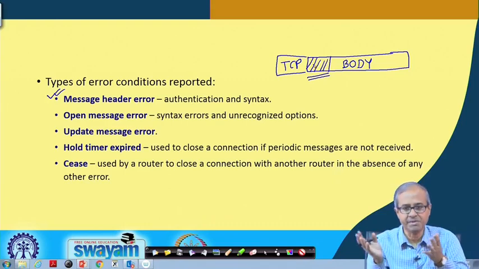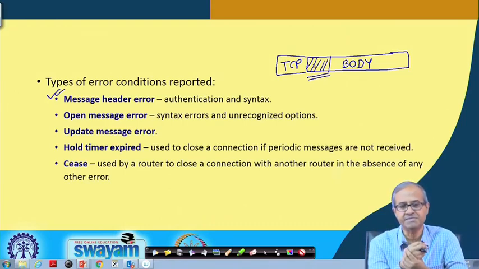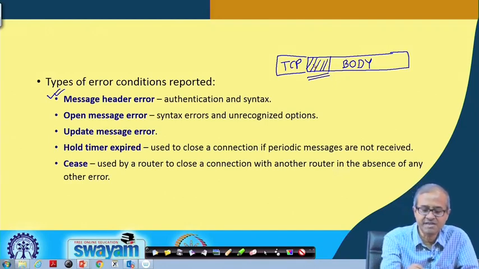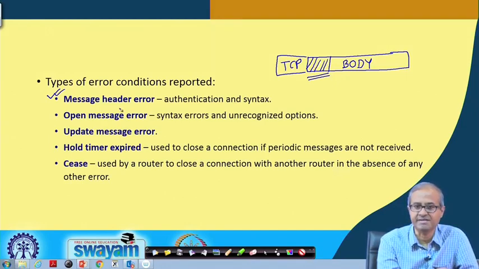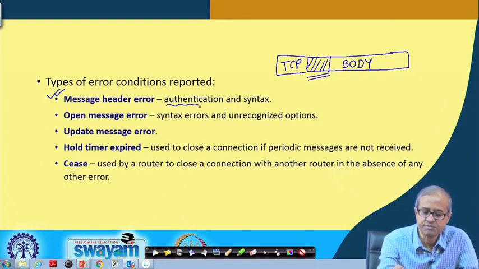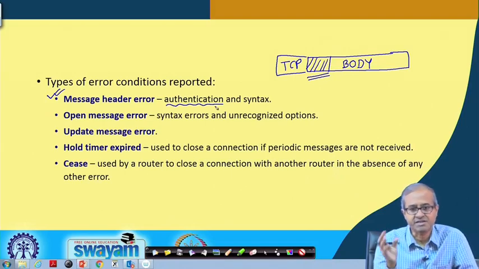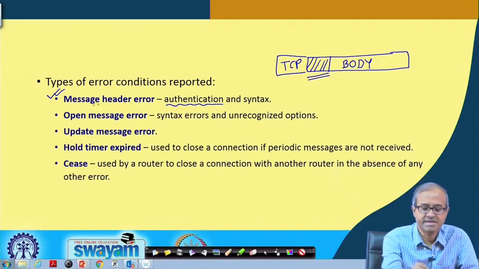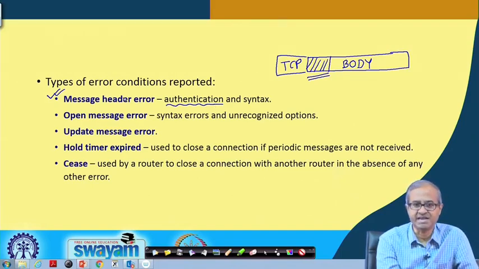Something might happen during transit, some bits might become changed, 0 may become 1, 1 may become 0. So, if there is some error in the header, either in the syntax, some invalid values are there, or there is an authentication option also I mentioned, some of the packets might get encrypted. If the encryption is somewhere wrong, so that the receiving end cannot decrypt it, they will be reported as message header errors.